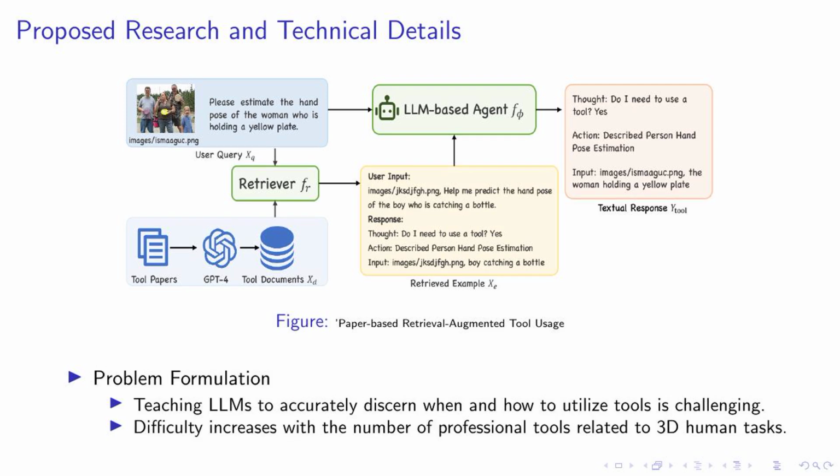In this slide, we delve into the crux of our research: the challenge of teaching language learning models, or LLMs, to accurately discern when and how to utilize tools. This task becomes increasingly complex with the rise in the number of professional tools related to 3D human tasks. As you can see in the figure, we've illustrated our proposed solution: a paper-based retrieval-augmented tool usage mechanism.